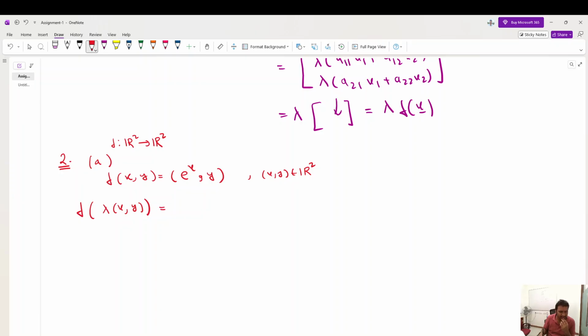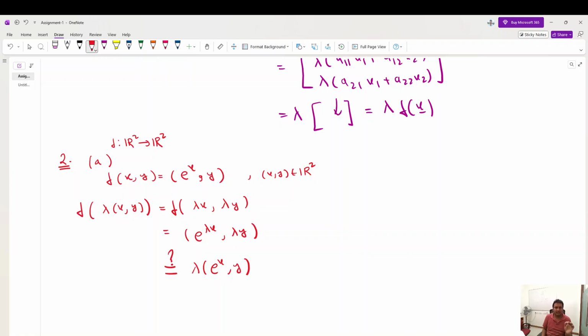Let me begin with this. f(lambda x, lambda y) would be (e^(lambda x), lambda y). Can you take this lambda common, so that it equals lambda times (e^x, y)? If you have no clue, or you might have guessed, you cannot take it.